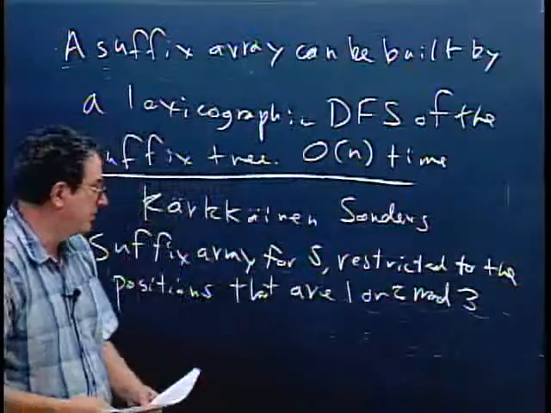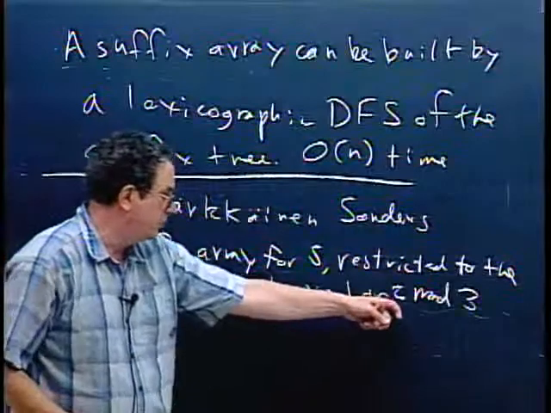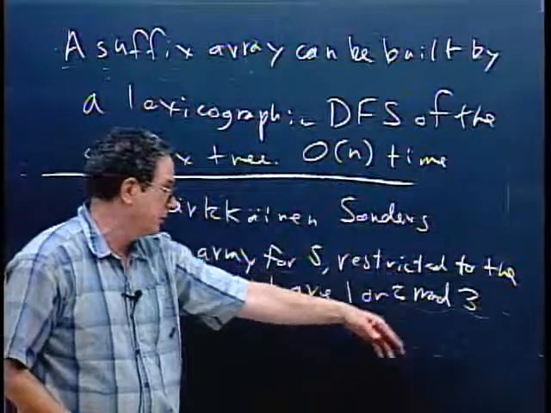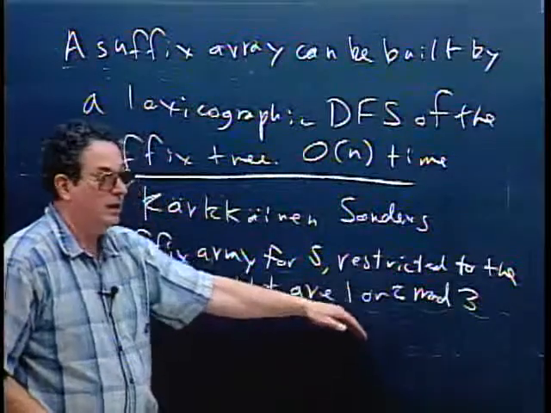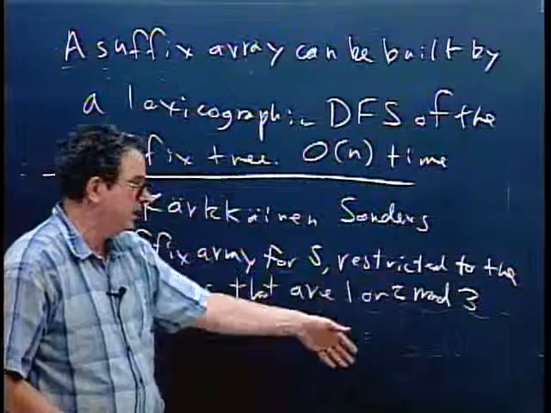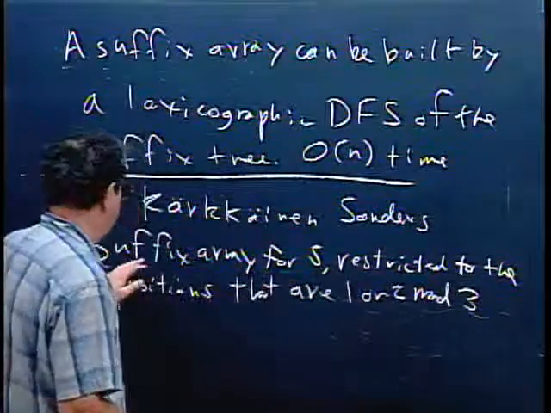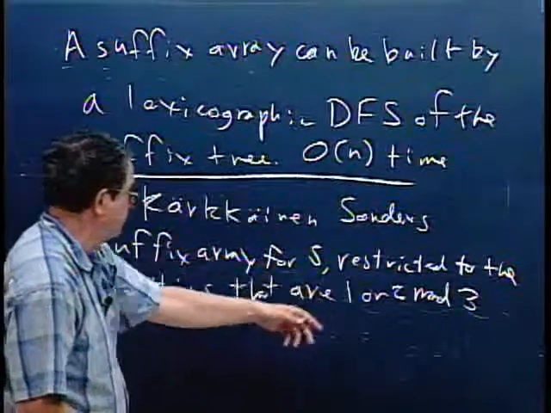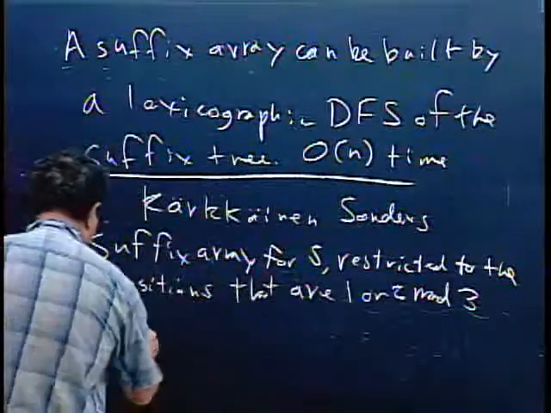Okay, so those are the positions 1, 2, but then they would skip 3 because 3 is equal to 0 mod 3, and then it would pick up with 4 and 5 and skip 6, and then it would be 7 and 8. So you're going to have a suffix array for S restricted to the positions that are 1 or 2 mod 3. Let's just write down the suffix array over here.